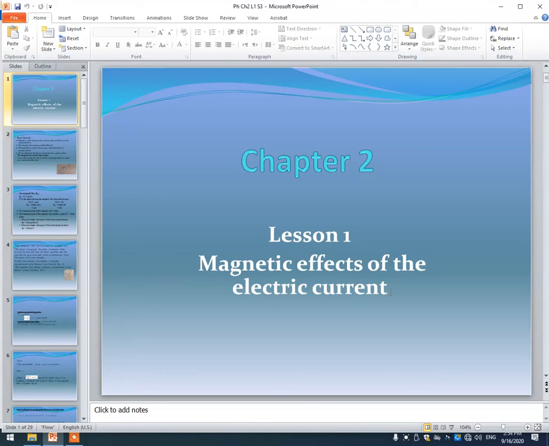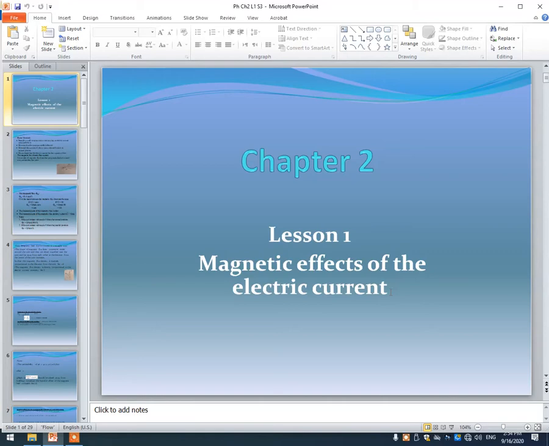We analyzed all of these ideas clearly during chapter 1, and of course I'm sure you try to train on solving the problems and ideas of chapter 1. Now let us start quickly the magnetic effect of the electric current.